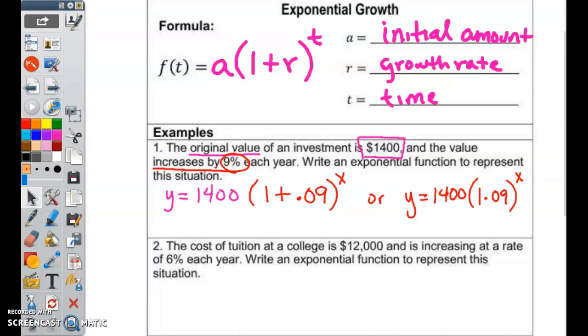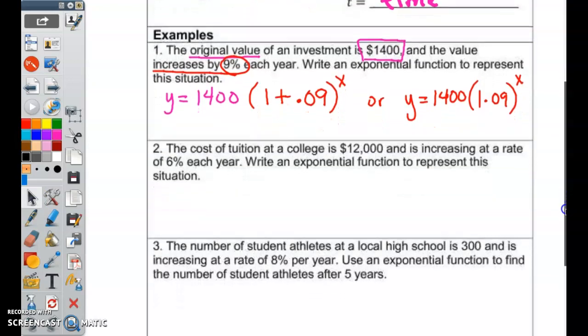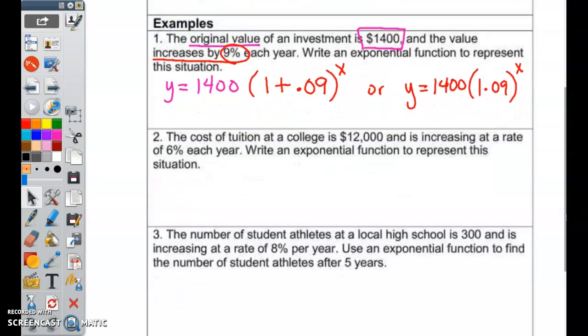Okay, so hopefully you still remember from yesterday some of this stuff. Problem number 2, it says the cost of tuition at a college is $12,000. So that's what you start with. And is increasing at a rate of 6% each year. So that's y equals, what did I start with? 12,000. No commas, don't put commas.